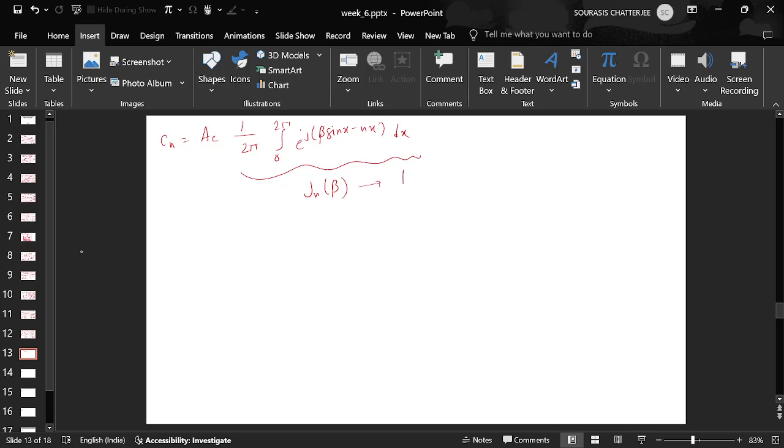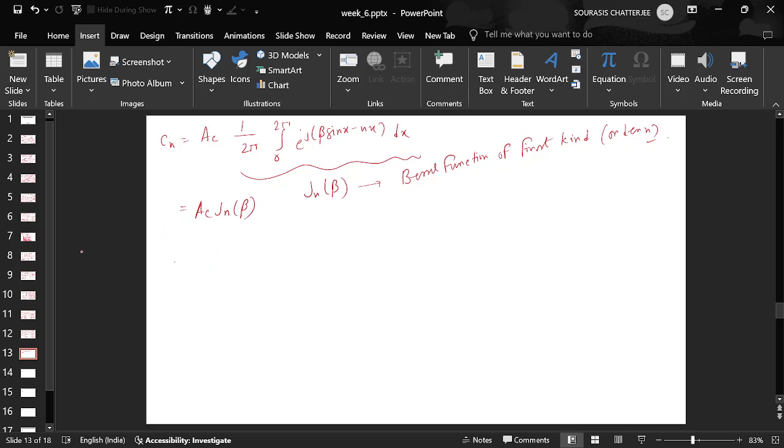Actually this is a Bessel function of the first kind, and of course of order n. So your Cn is nothing but Ac times Jn(beta).